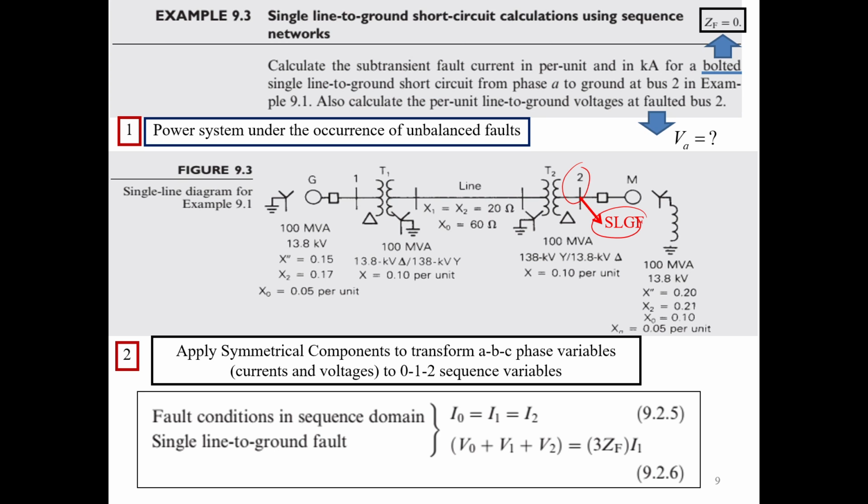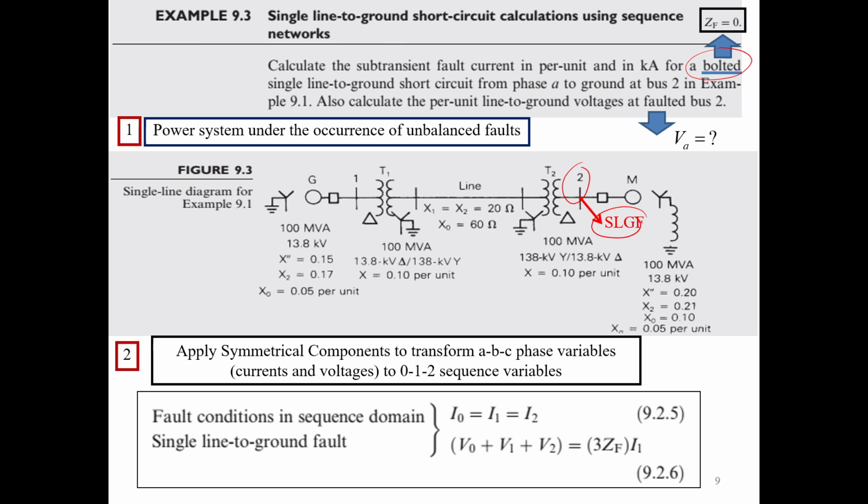The keyword is bolted, which means that the fault impedance is 0. If the short circuit happens at phase A to ground at bus 2, the problem asks you to calculate the per unit line to ground voltage at the faulted bus.